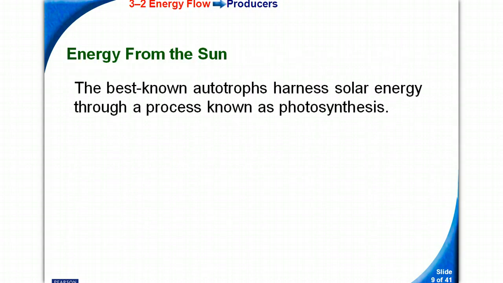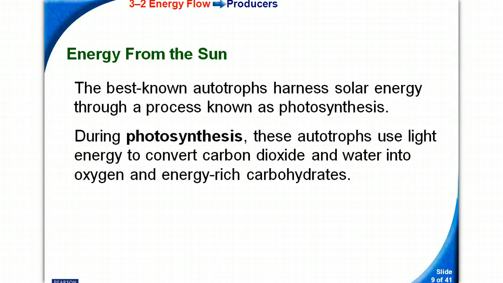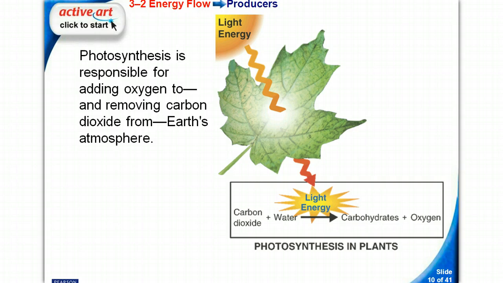The best known autotrophs harness solar energy through a process known as photosynthesis. During photosynthesis, these autotrophs use light energy to convert carbon dioxide and water into oxygen and energy-rich carbohydrates. Photosynthesis is responsible for adding oxygen and removing carbon dioxide from the Earth's atmosphere.